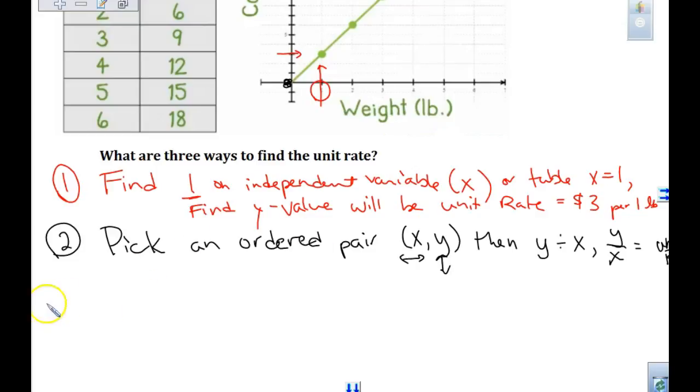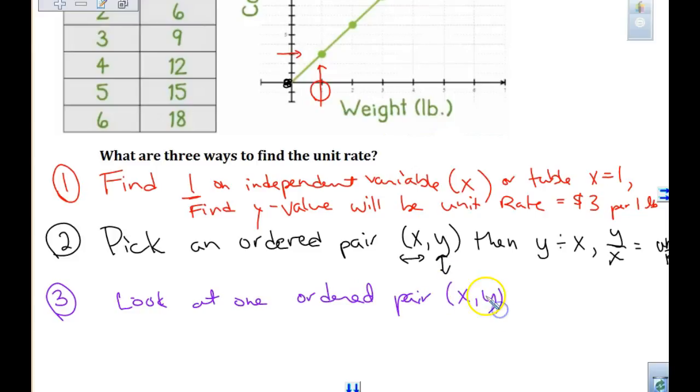The third way is that on some of your graphs, they're not going to have a scale, okay? So you're still going to look at the ordered pair. You're going to look at one ordered pair. When we look at the one ordered pair, we're going to think of that as x, y.